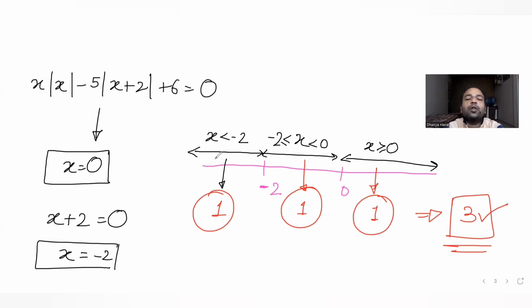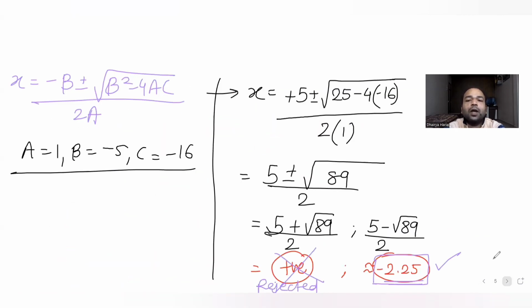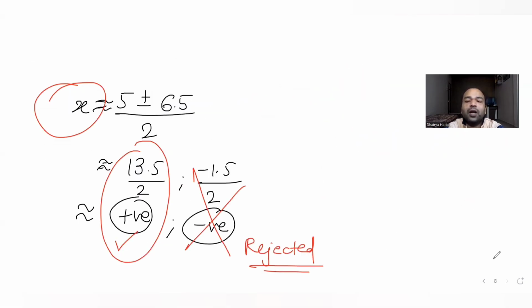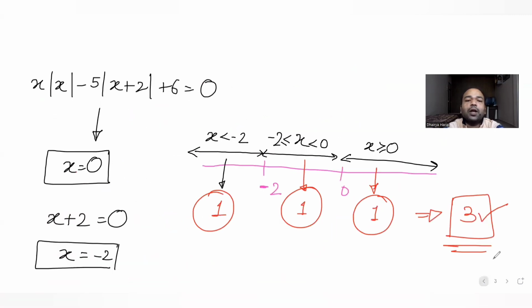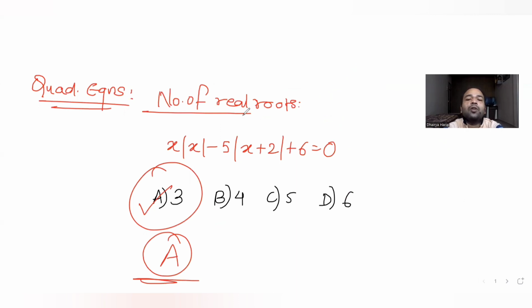Once we plotted them on the number line, we got three regions. We analyzed all the three regions. We used that concept again. Once we analyzed, we got 6 roots, out of which 3 were rejected. So 3 real roots satisfied that entire quadratic equation which was given to us. So the answer is that the number of real roots for this quadratic equation is option A, that is 3.